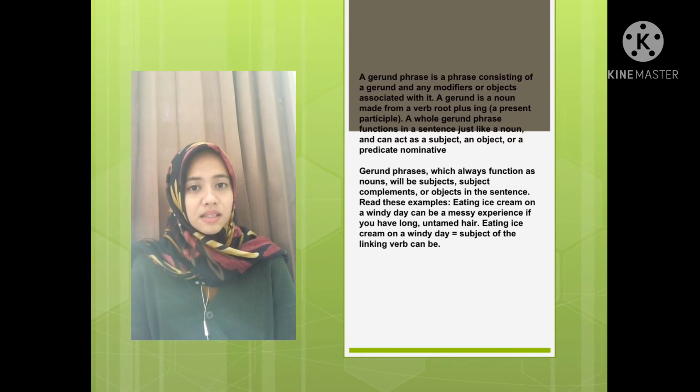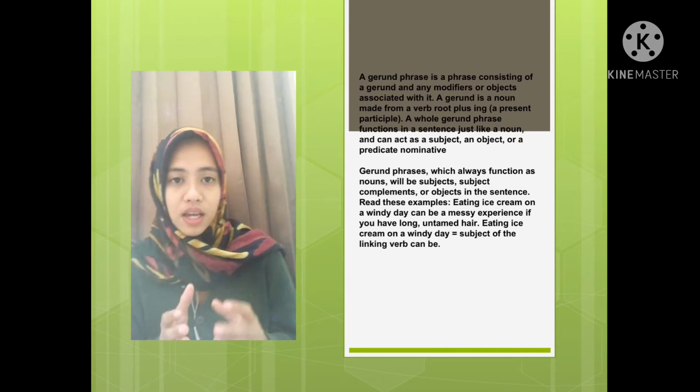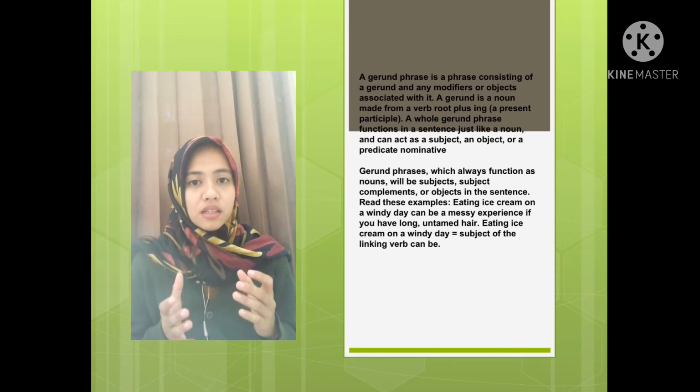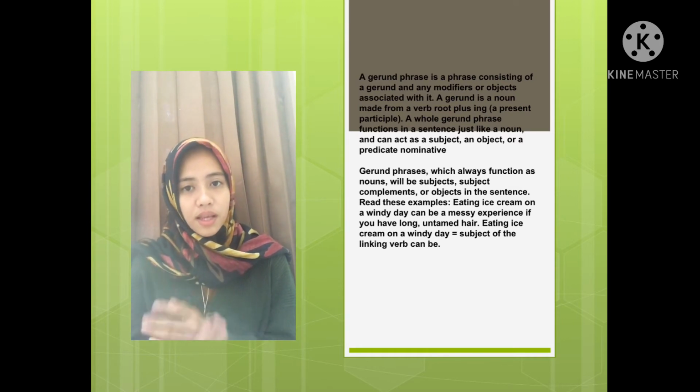A gerund is a noun made from a verb plus -ing, a present participle. A whole gerund phrase functions in a sentence just like a noun and can act as a subject, an object, or a predicate nominative.